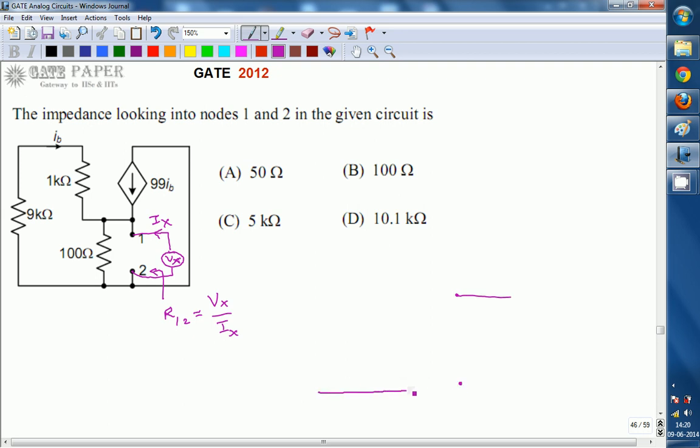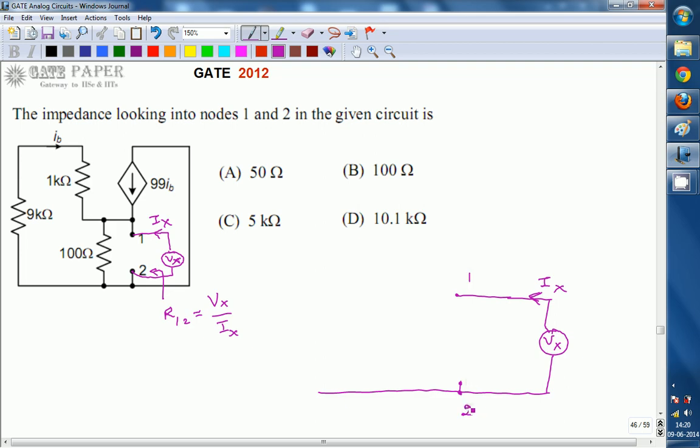Between these two nodes we apply a test voltage source Vx, and because of that we get some test current, the current drawn from this voltage source, Ix. So this is terminals 1 and 2.